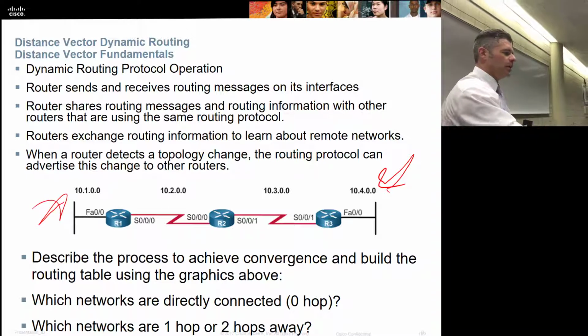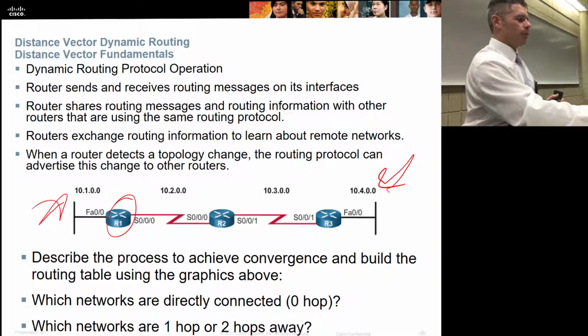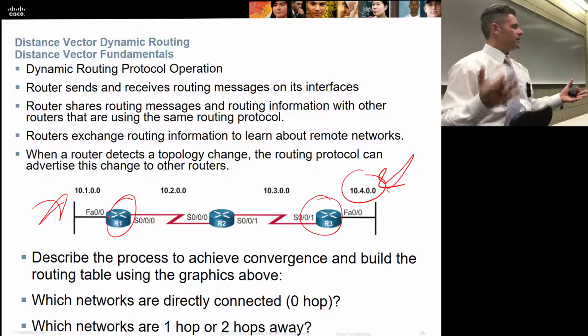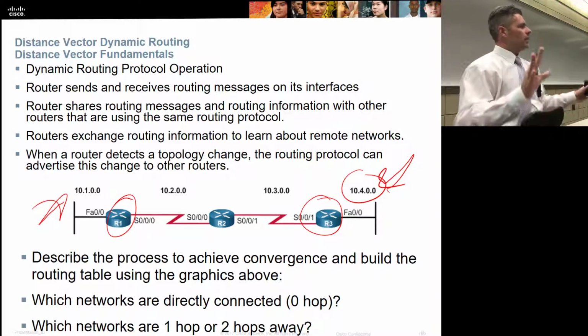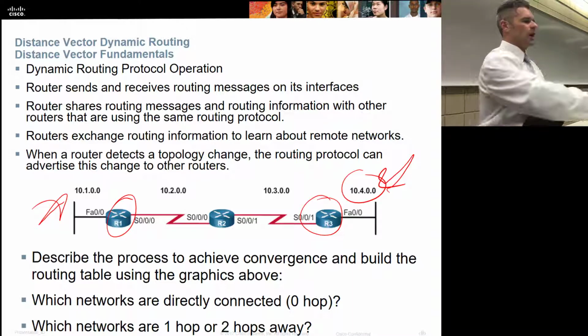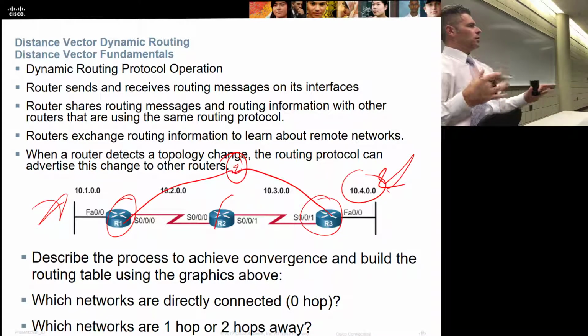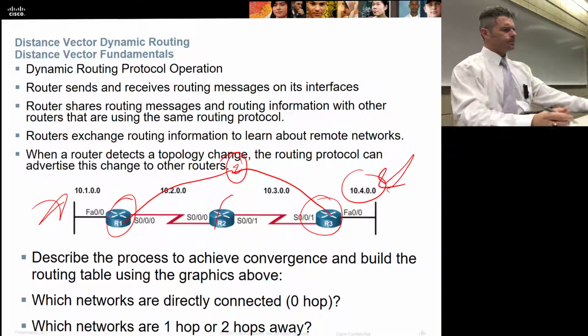So eventually, router 1 here figures out what's going on with router 3 and learns how to get clients to networks in that 10.4 network. Something changes, routing protocols say, hey, we just lost router 2 and there's router 4 up here that can get us to where we need to go. We can change the path we use to get to it and move on.